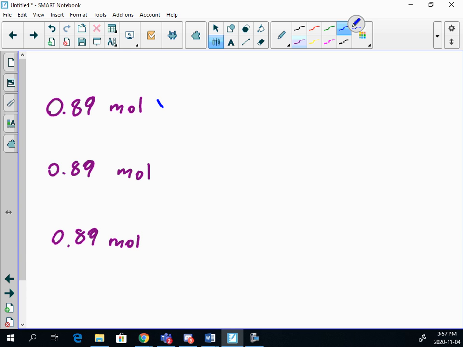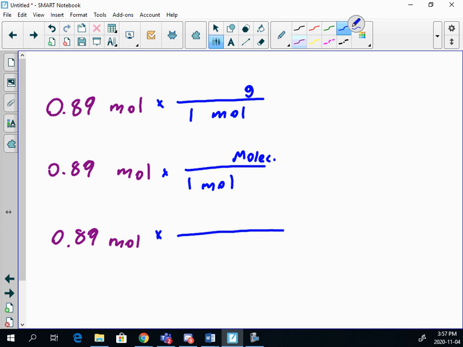I want to figure out, for each 1 mole, how many grams do I have? For each 1 mole, how many molecules do I have? For each 1 mole, how many liters do I have? Well, liters is easy. At standard conditions, I've got 22.4 liters. Molecules is a little tougher.